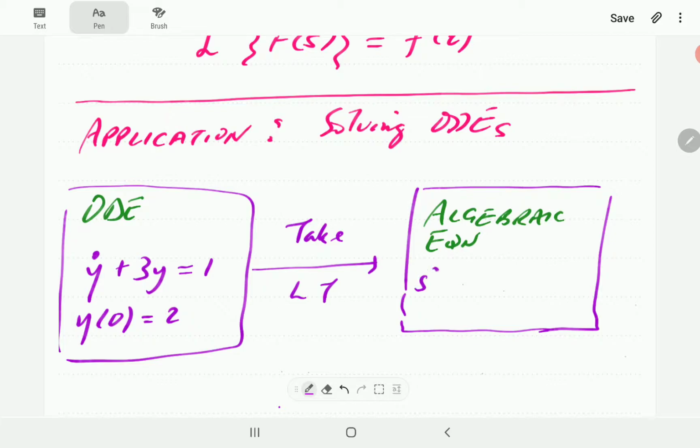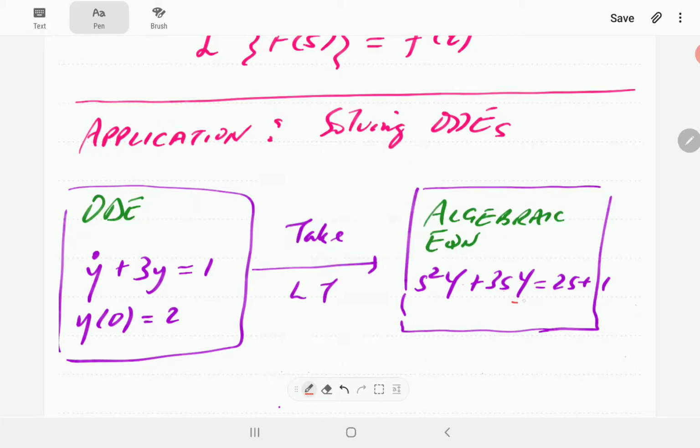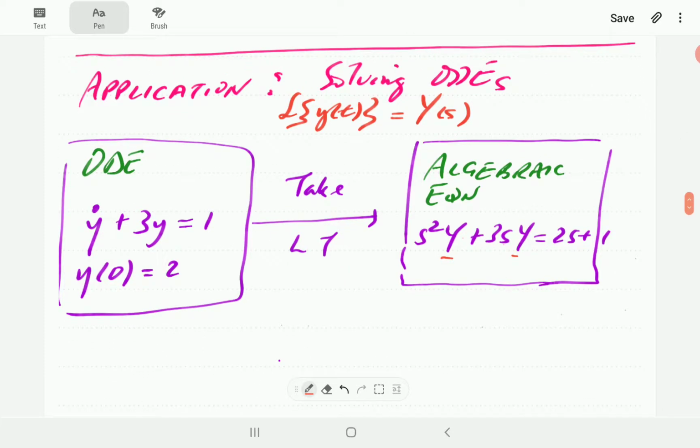In this particular case, the algebraic equation is s squared Y plus 3s Y is equal to 2s plus 1. In this equation, the unknown is this big Y. Remember, the Laplace transform of y of t is denoted in terms of the uppercase.